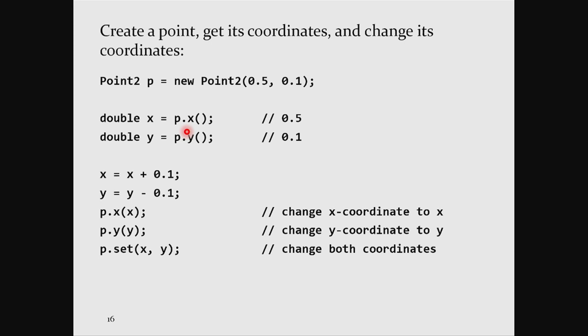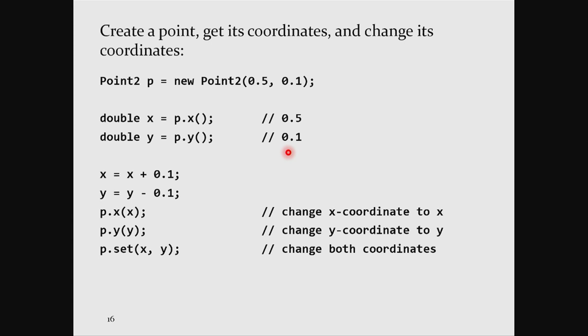So, hey, point p, what is your x coordinate? That method returns 0.5, which makes sense, because the x coordinate of this point is 0.5. There's a similar method that lets you get the y coordinate. So p.y() gives you back 0.1.